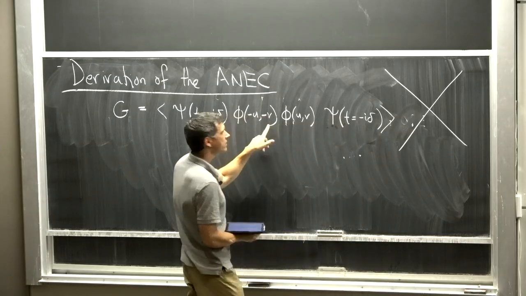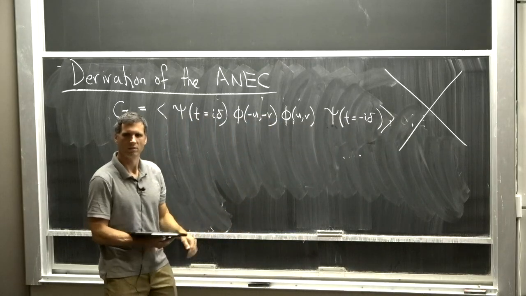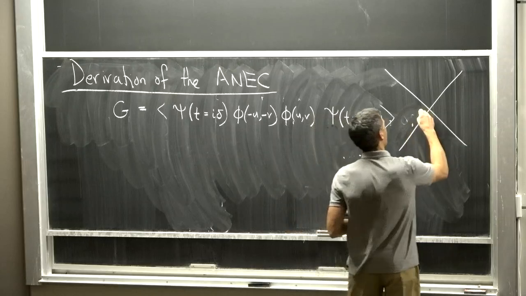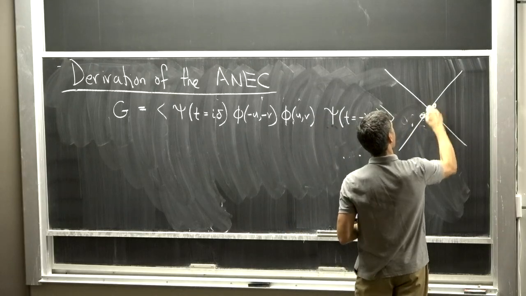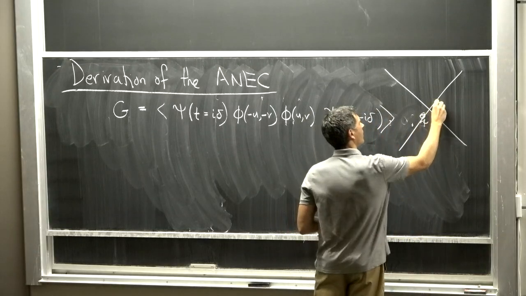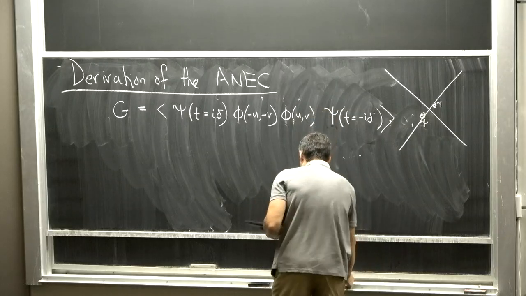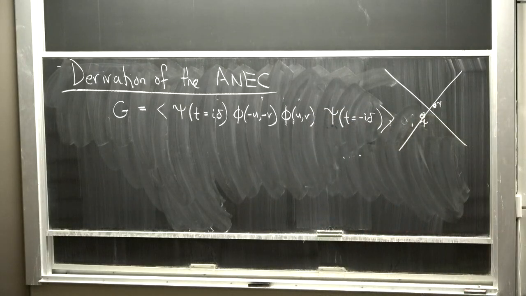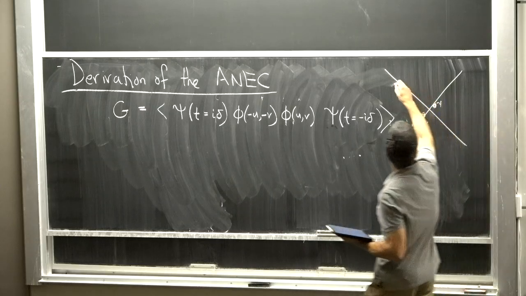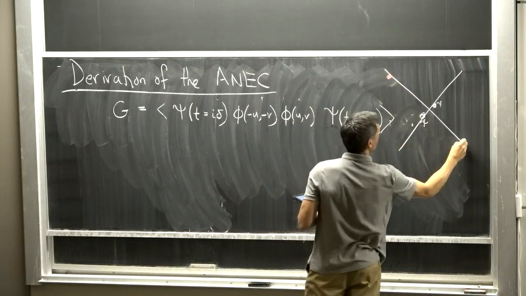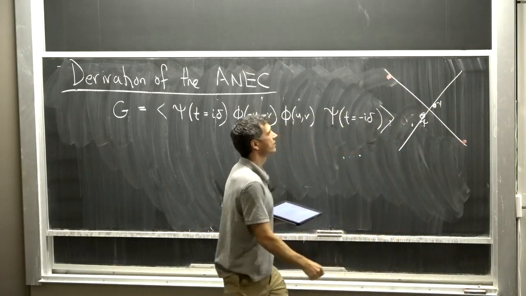And we're going to study this in the same limit that we were just in. So our psi operator is inserted off a little bit in Euclidean, so I'll draw it like that. And then our probe phi is inserted in this lightcone limit. So that's phi.